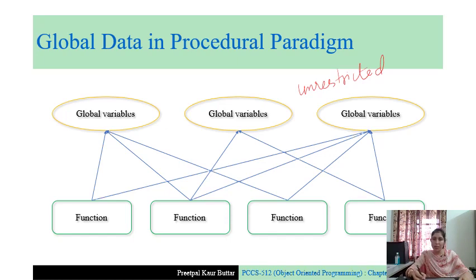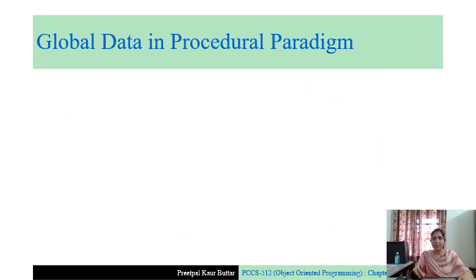There is no restriction and all these functions can modify this data item. So any function can modify any data item accidentally, which might result in the program behaving wrongly. This is the problem with unrestricted access.